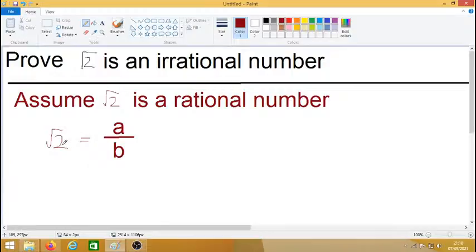Now that's root 2, so we can easily get rid of the square root by squaring both sides. So I'll have just normal 2 is equal to a squared over b squared. Square both sides.